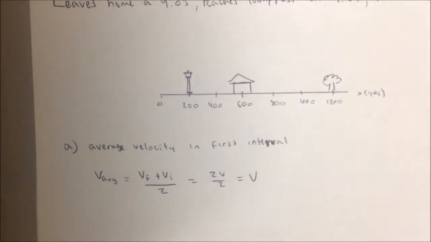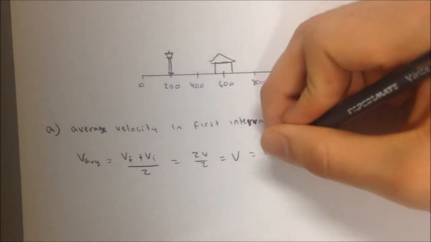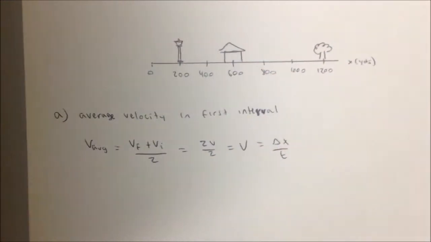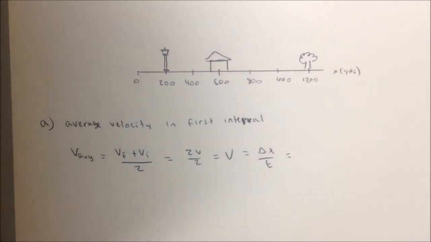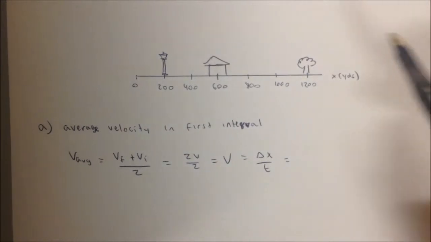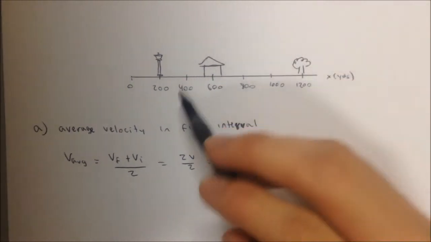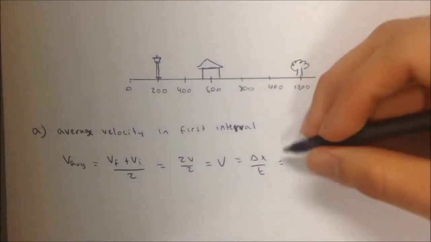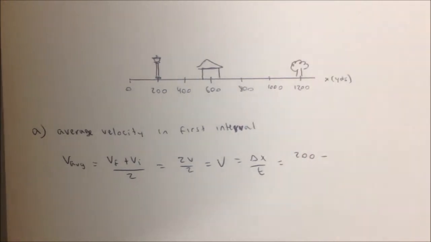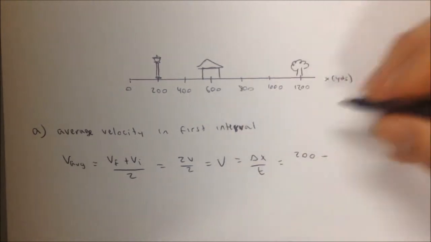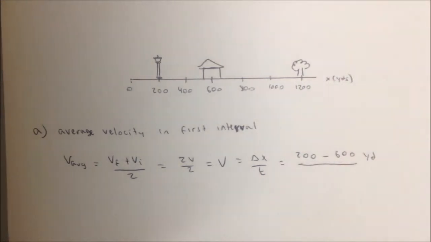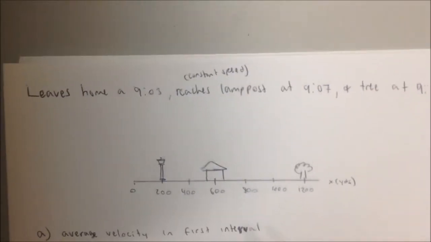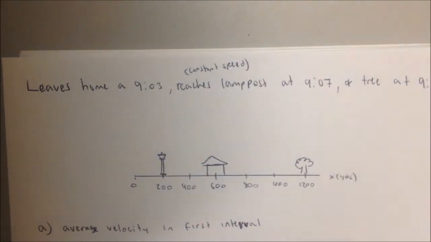and it's just velocity, which is the change of distance over time. So for the first interval, the change of distance is final minus initial, which is the final is 200 yards minus the initial 600 at home over time, this is yards, and the time is from 9:03 to 9:07, which is 4 minutes.